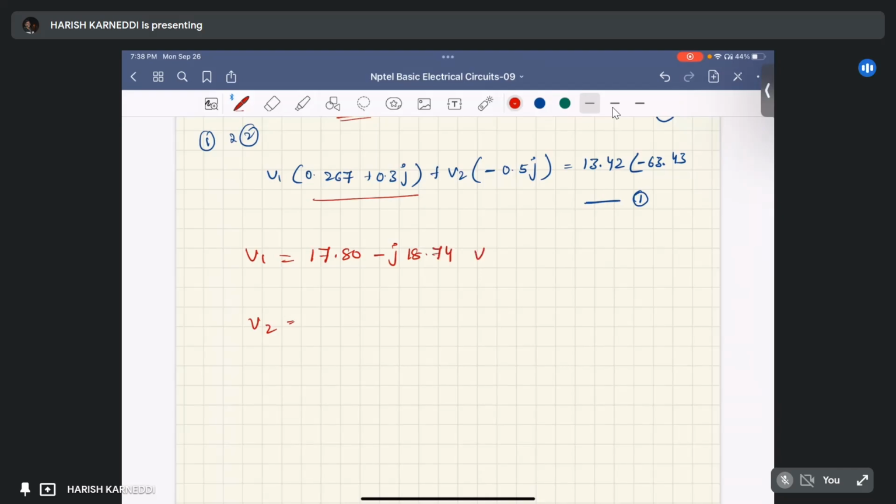volts. And coming to V2, it is 24.678 minus j8.746 volts.